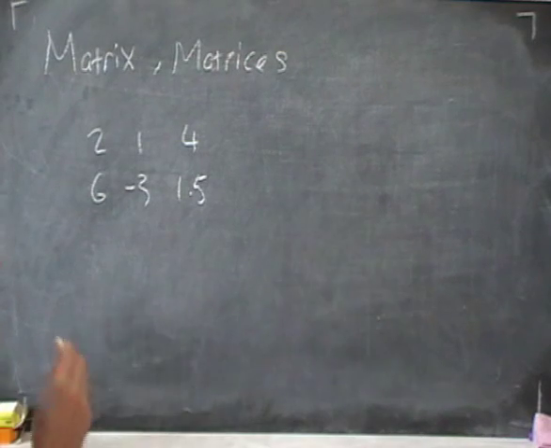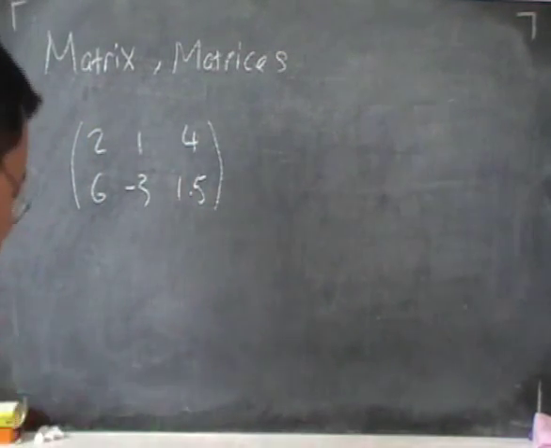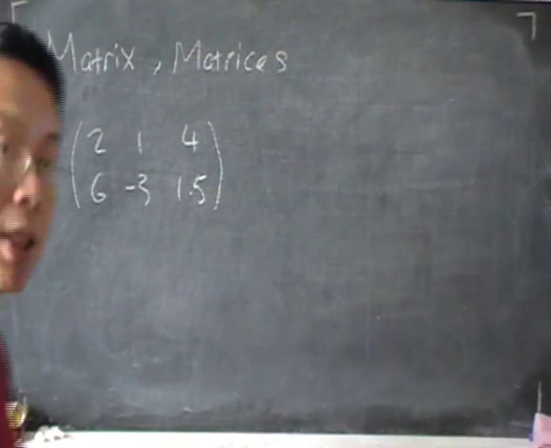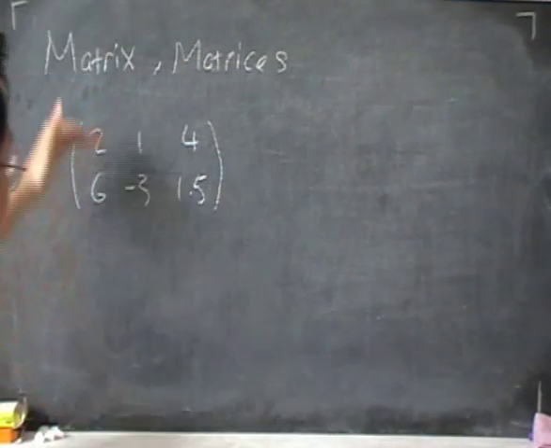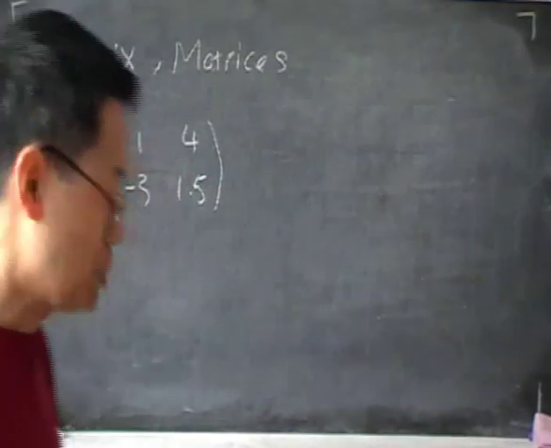Now, usually we would put a bracket around it, and that's what it often looks like. There can be more rows, there can be more columns, just a table of numbers.